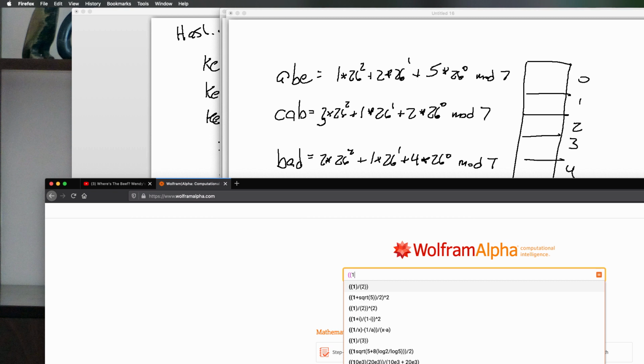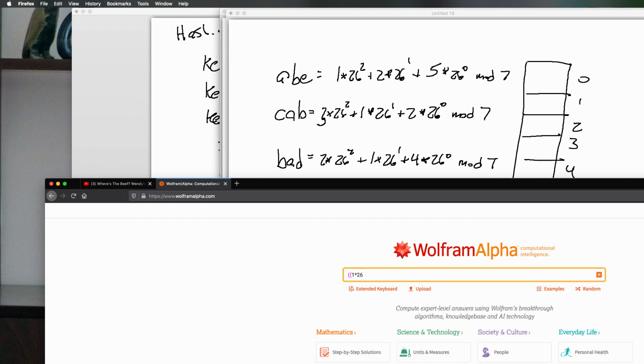I'm going to go 1 times 26 to the second plus 2 times 26 to the first plus 5 like that, and I'm going to go mod 7, and it tells me that the answer is 5.